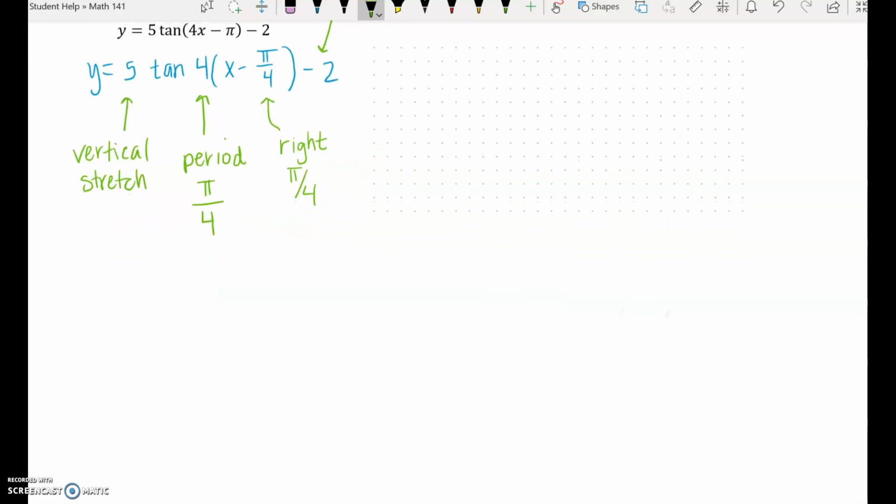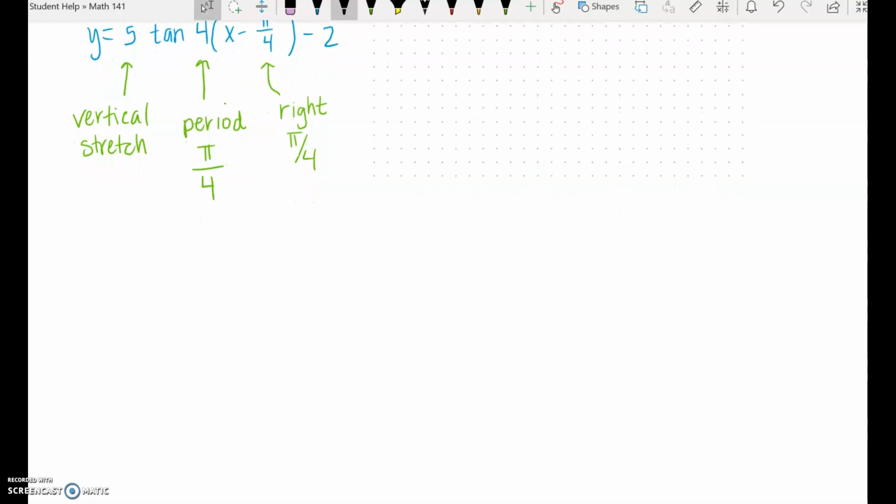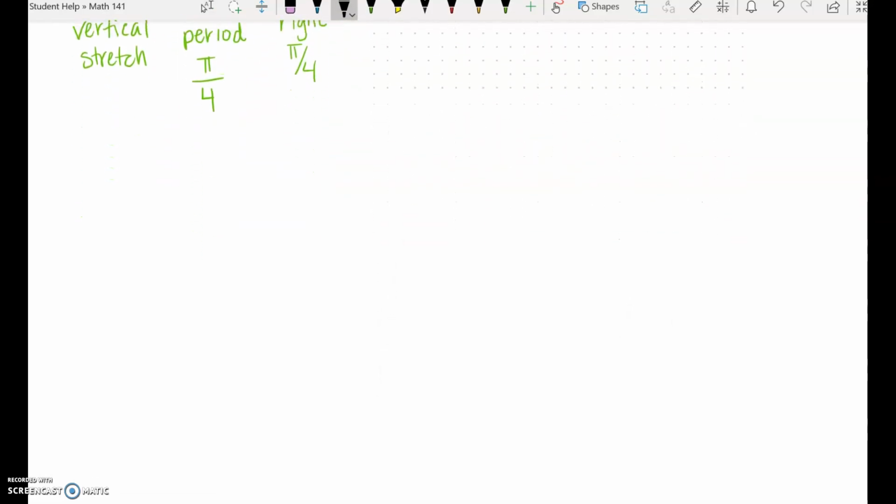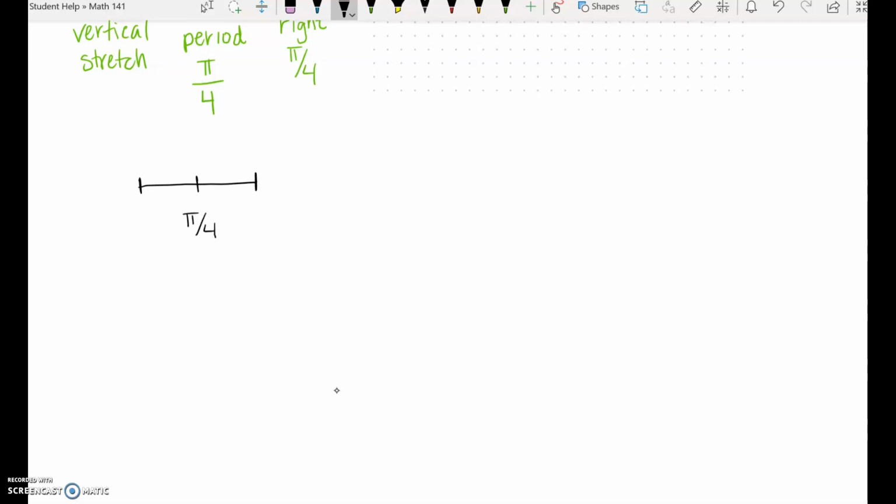Okay. So let's start with our x values. The period is pi over 4. So what I'm going to do is take pi over 4 and split it in half. So if I think about a length of pi over 4, cutting that in half, I would have pi over 8 on both sides.